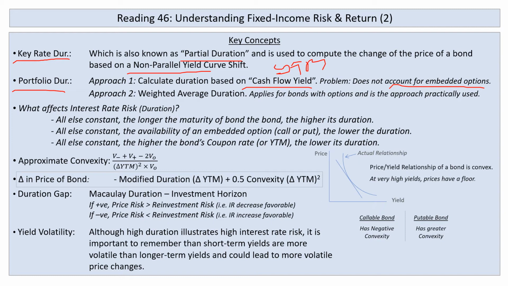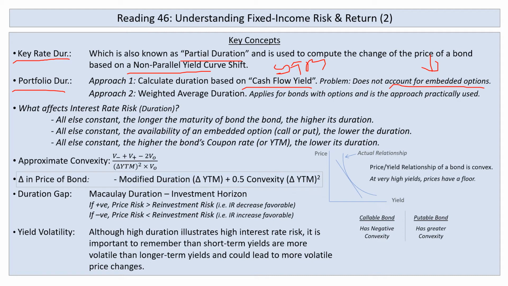What you do have to know as well is that since this approach takes a lot of time, honestly, in practice, no one uses it. It's very unlikely to see a portfolio manager calculating portfolio duration using approach 1. It takes too much time. It's not very intuitive, and it requires a lot of effort. On top of that, it does not even work out for bonds that have embedded options.